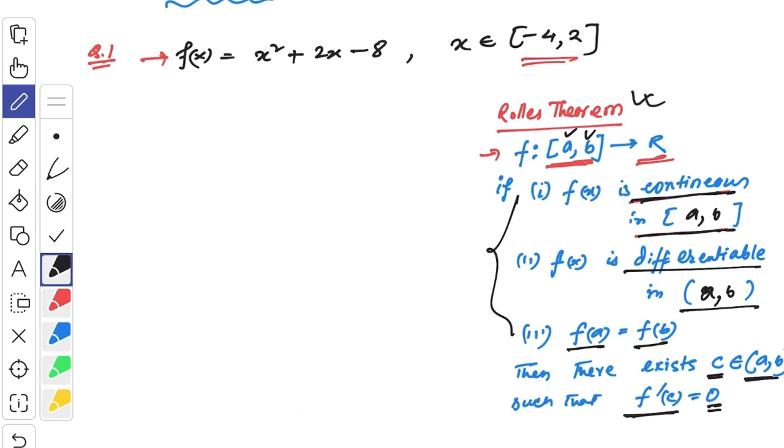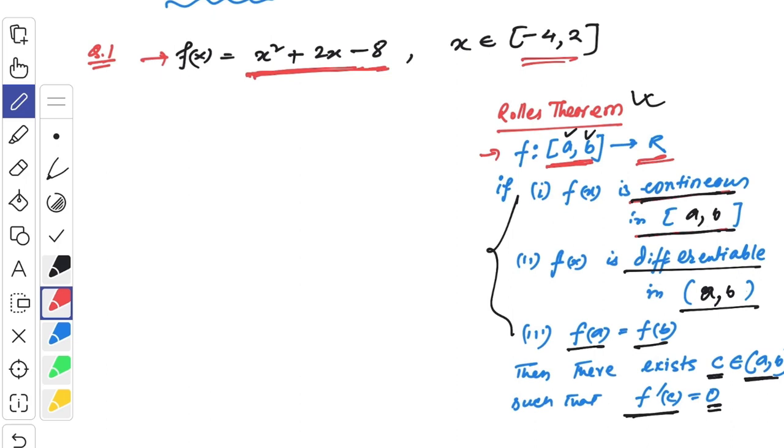Now you see how to verify this. In this case, this function is a polynomial function, and I have already told you that a polynomial function is always continuous as well as differentiable.